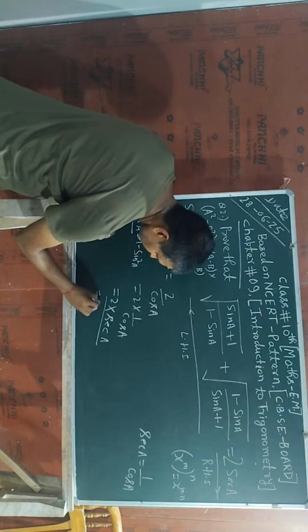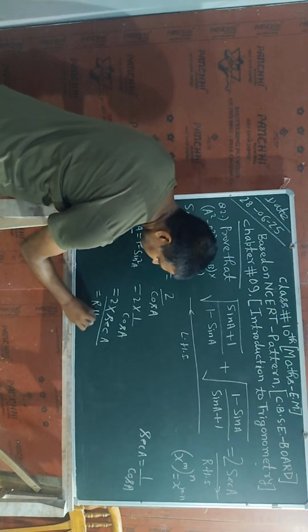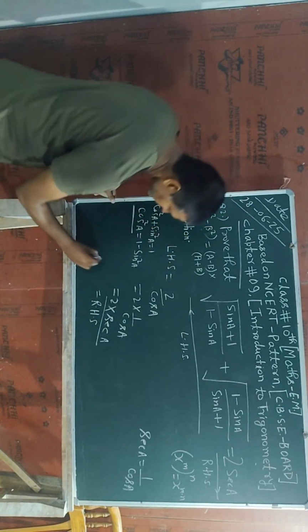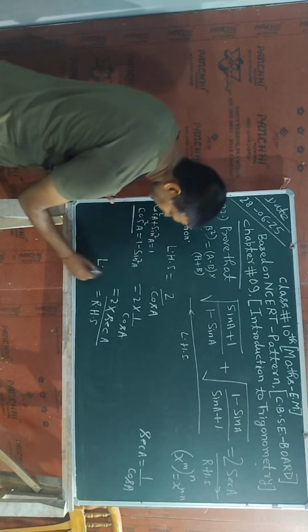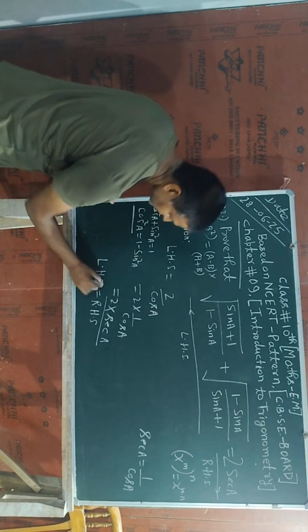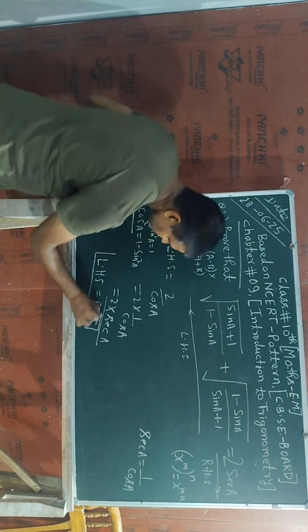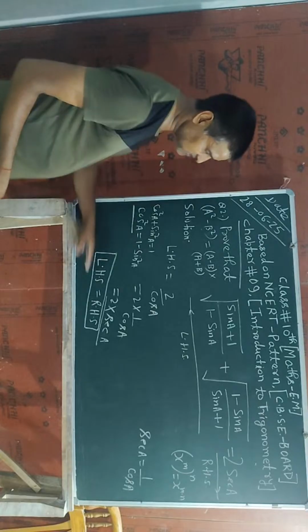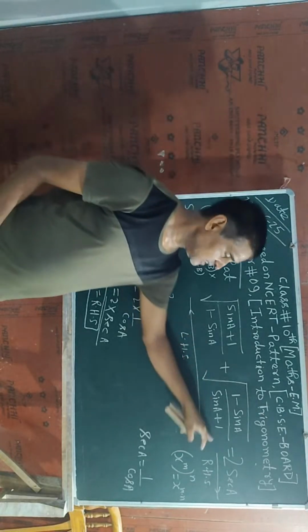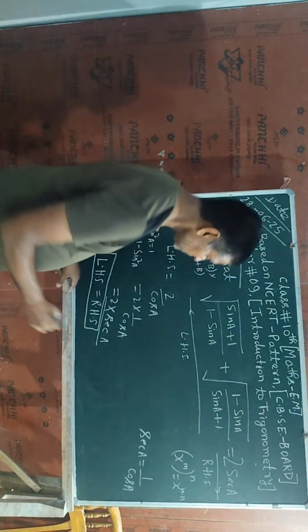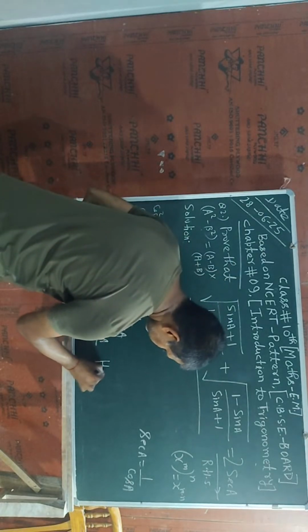Now I look at the left hand side, which is equal to the right hand side. It means that this identity is correct and hence proved.